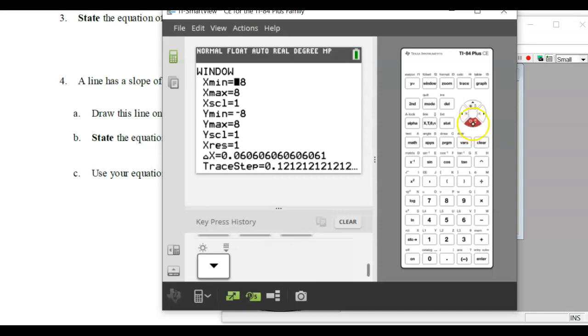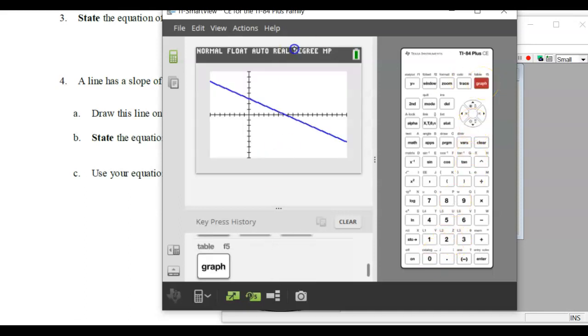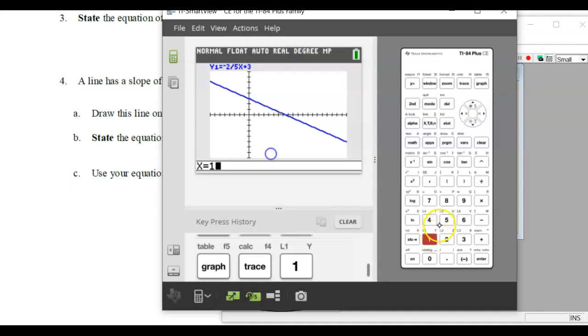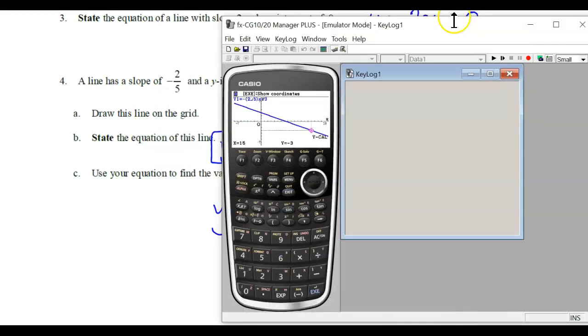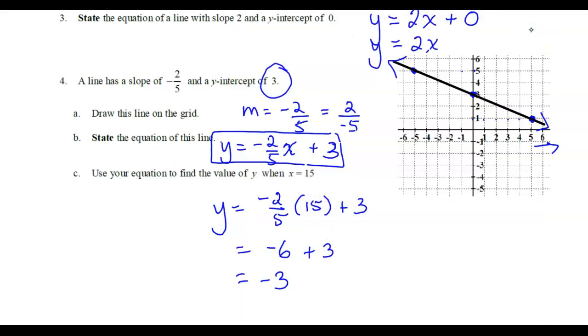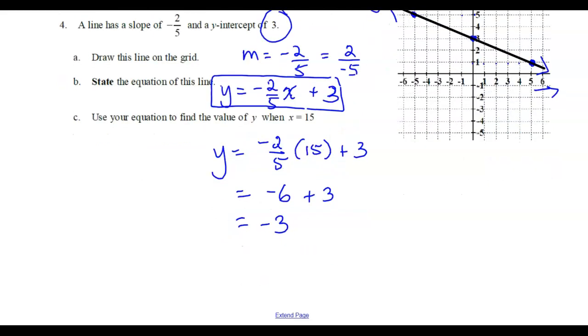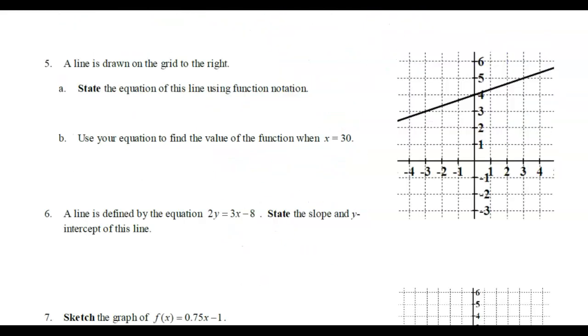So I change my x max to 20, graph it, trace, and if you just punch in the x value 15, it will go right to the negative 3. Okay, so it's a good time to start practicing with your calculator before the end of the unit. Be able to use your graphing calculator.